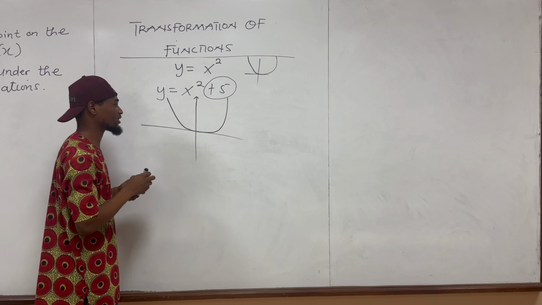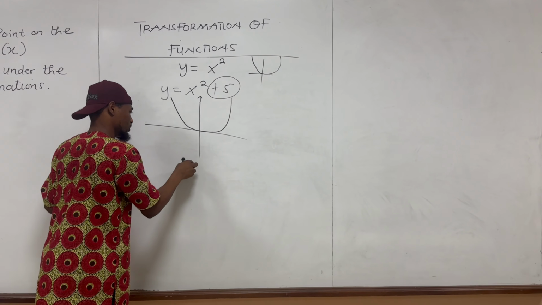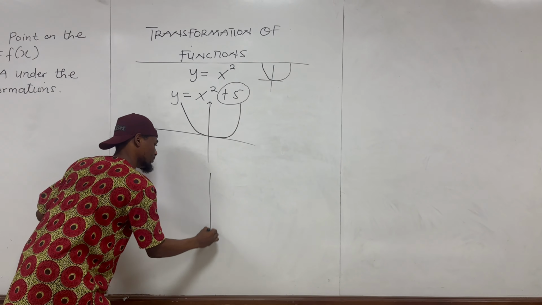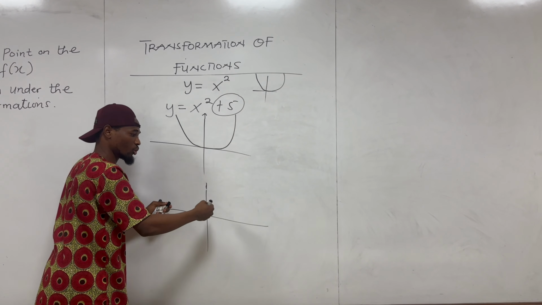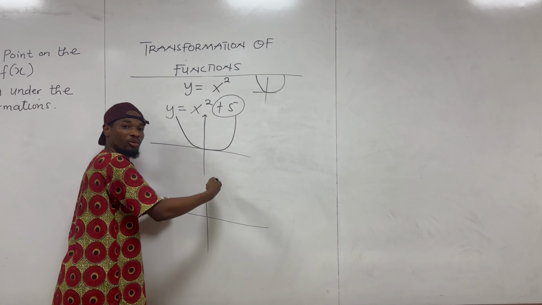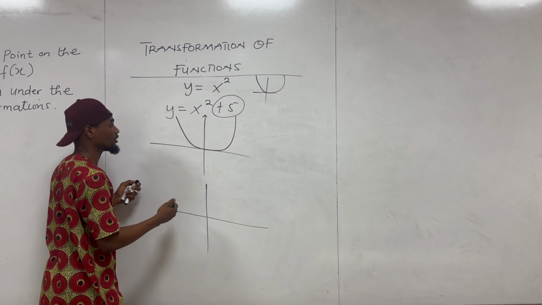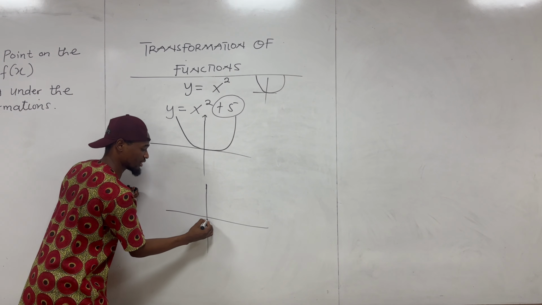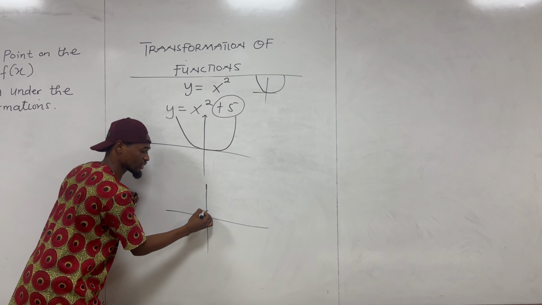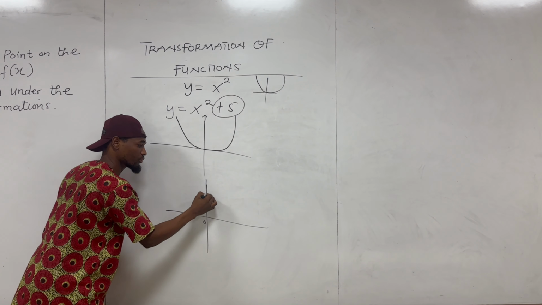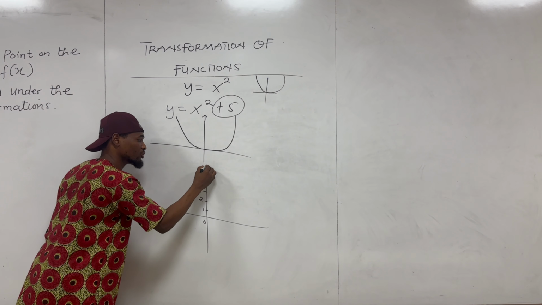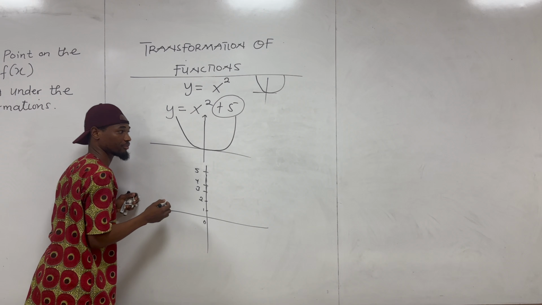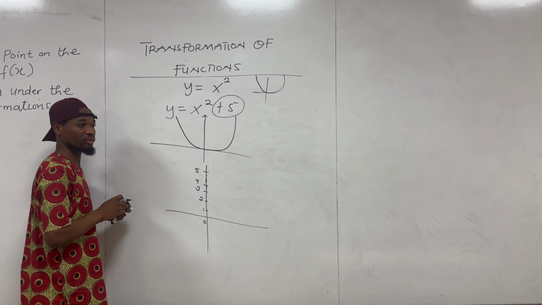How do we do that? Because it has to do with vertical, we consider the top part of the xy plane. Let's say this is 0, this is 1, 2, 3, 4, and all the way to 5.